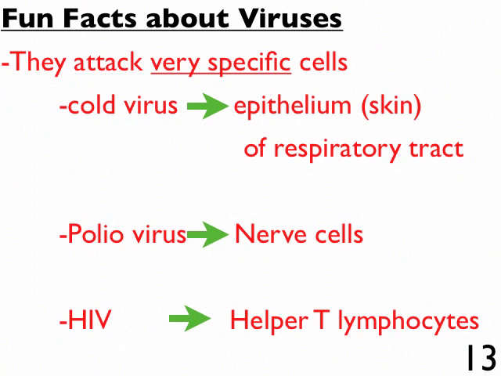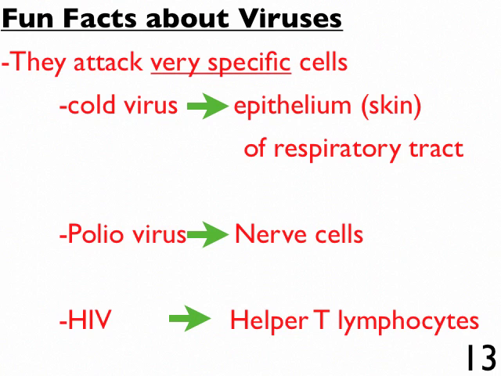Okay, some fun facts about viruses. You knew this already. They attack very specific cells. If you get a cold, that cold doesn't infect your muscles. It infects specifically the epithelial or skin tissues of your respiratory tract. You get a cold in your head or in your chest. You don't get a cold in your muscles or your feet. The polio virus, not as big a problem anymore now that we have a vaccine, used to be a very serious problem, specifically attacks the nerve cells.